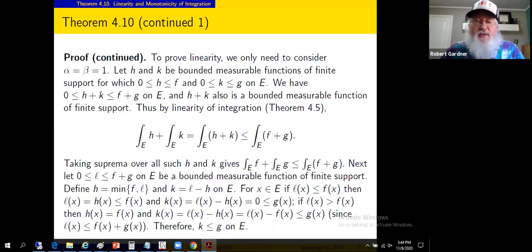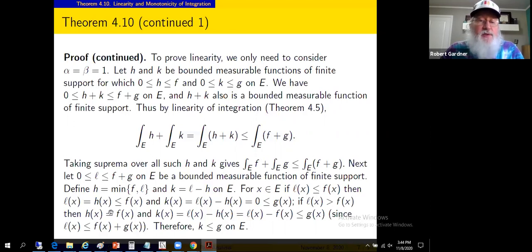Now we want to establish this inequality stuff. Okay, if x is in E, and if L of x is less than or equal to f of x, you're going to choose h of x to be the smaller of those two. Well, the smaller of those two will be this one in that case.